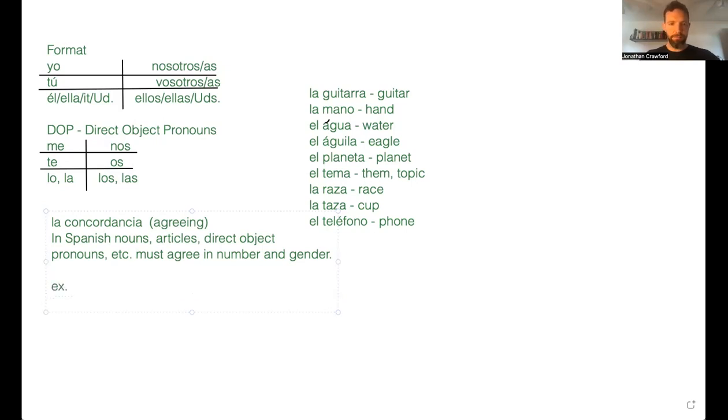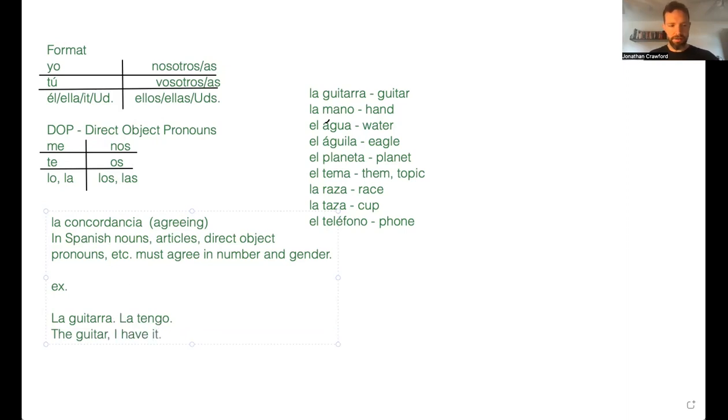So if you have la guitarra, now I can say la tengo. That means the guitar, I have it. La tengo.